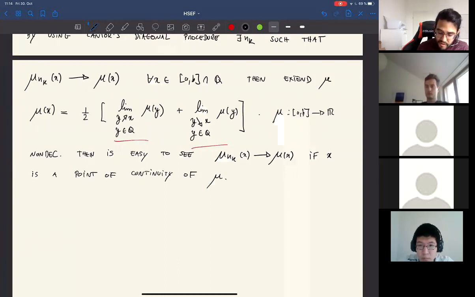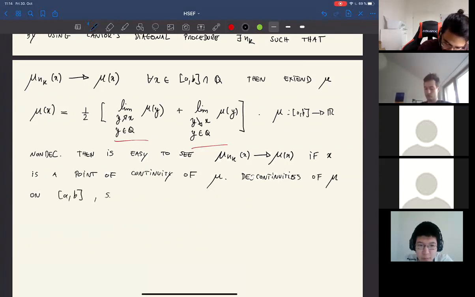The remaining points on AB are countable. So the set S of discontinuities of mu on AB is countable.